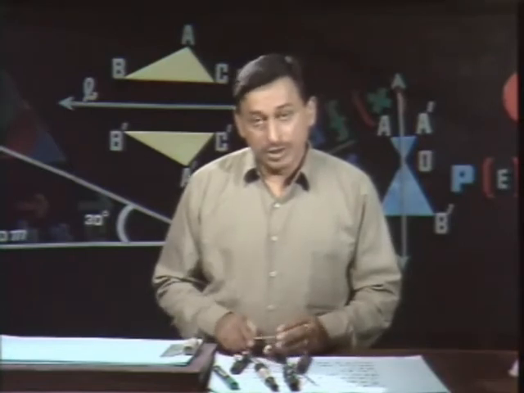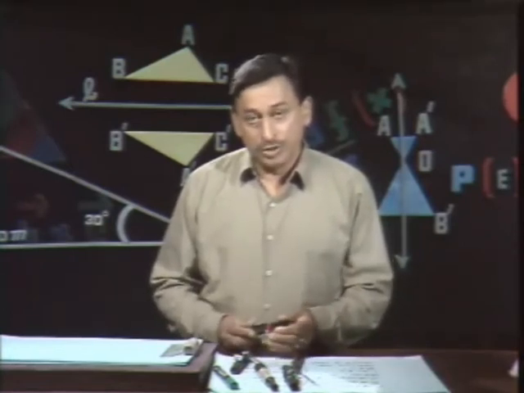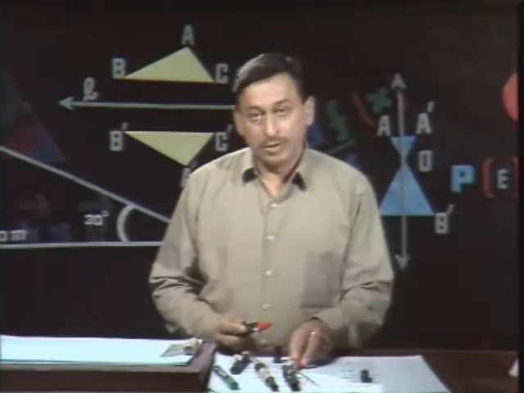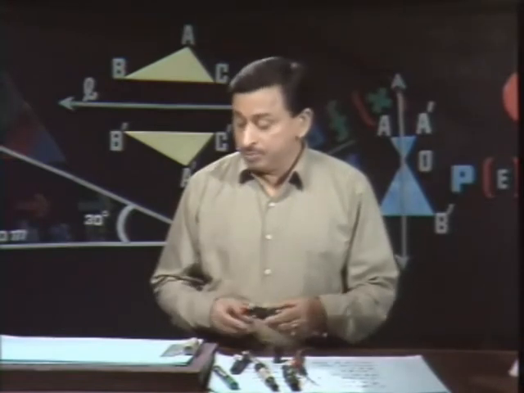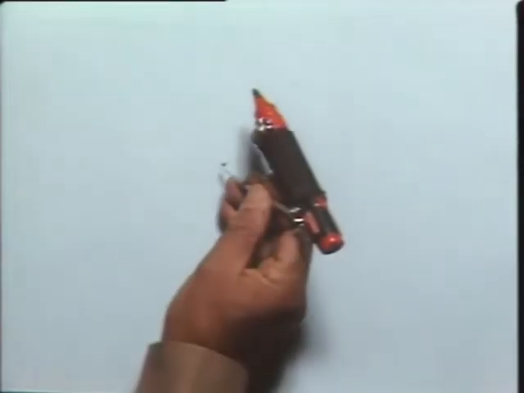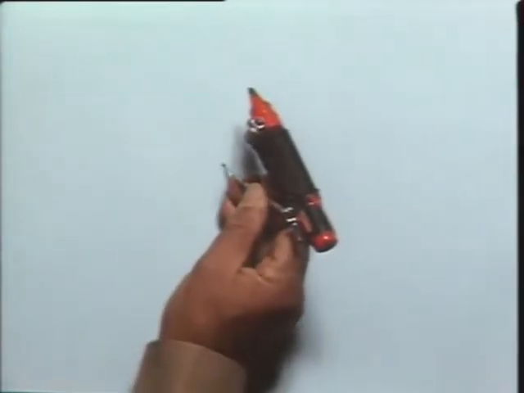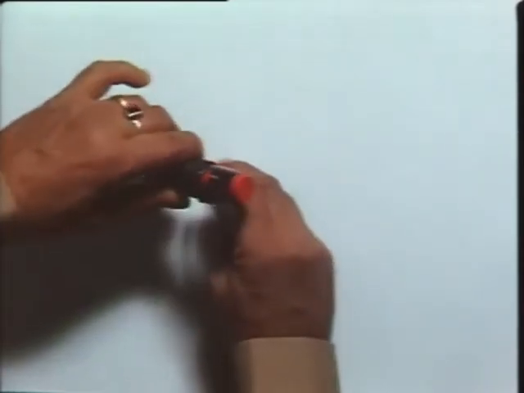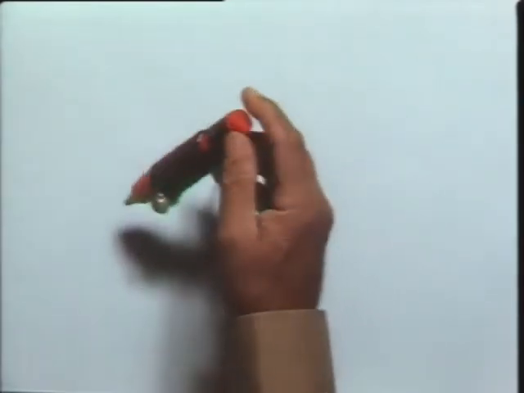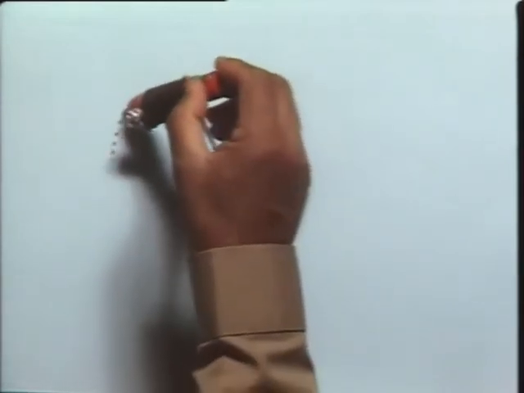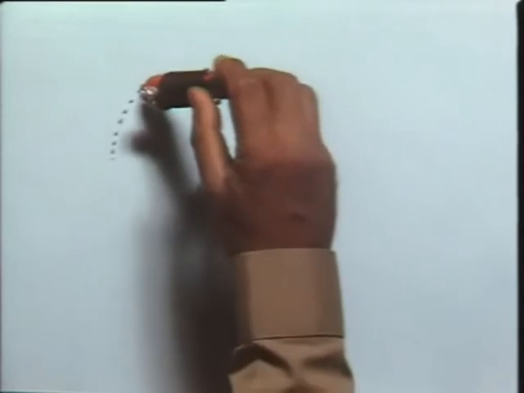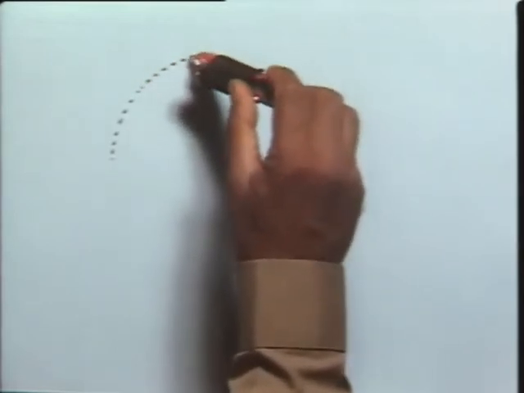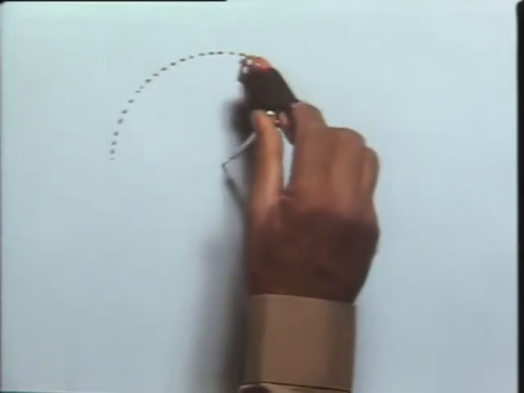Let us see. A circle, when we draw it on the plane, that is on your notebook or on the blackboard, we take a point on the plane and we call this point the center. Having this as center, we mark all those points which are at a fixed distance from this point, like this.